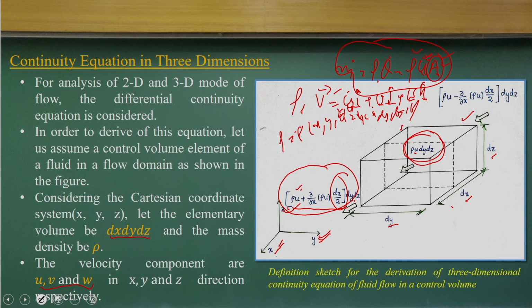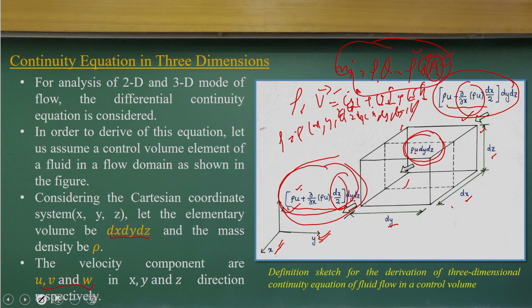In the same way, the mass influx at the opposite surface will be rho u minus the same term, because minus dx by 2 is just behind the centroid plane. So this simple Taylor series expression lets you compute the mass flux coming in through one surface and going out through the other.